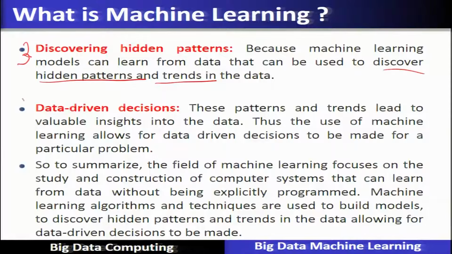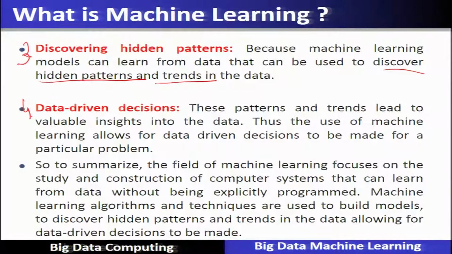Another important characteristic which characterizes machine learning is data-driven decisions. These patterns and trends lead to valuable insight into the data. Thus, the use of machine learning allows data-driven decisions to be made for a particular problem.